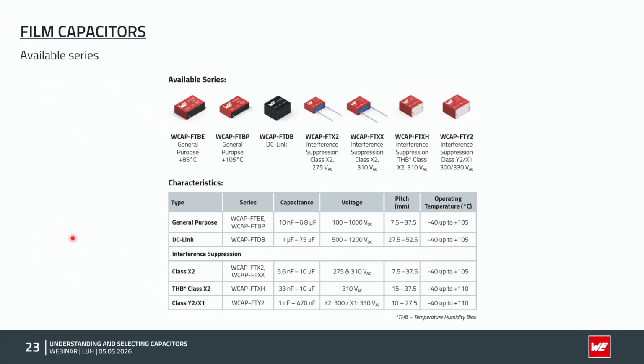Then I will give a short overview of the film capacitors. You see here we have the general purpose DC capacitors. We have the DC link film capacitors for this DC link circuit, as I mentioned before.